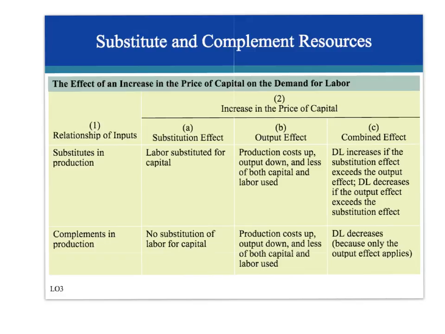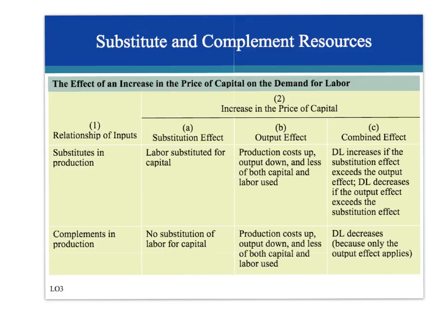And then the output effect is that since capital is higher in price, this increases overall production costs, which then decreases output, and then less capital and labor is used. So in this case, if the substitution effect is greater than the output effect, then demand for labor shifts to the right, it increases. However, if the output effect is greater than the substitution effect, then demand for labor decreases, it shifts to the left.